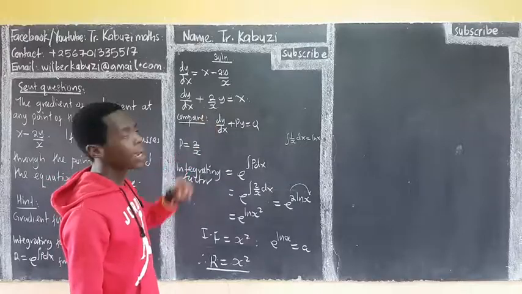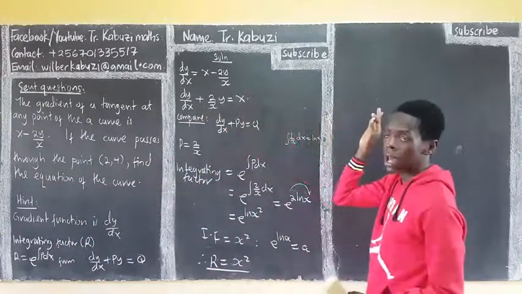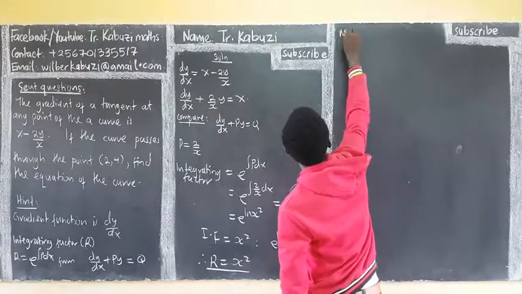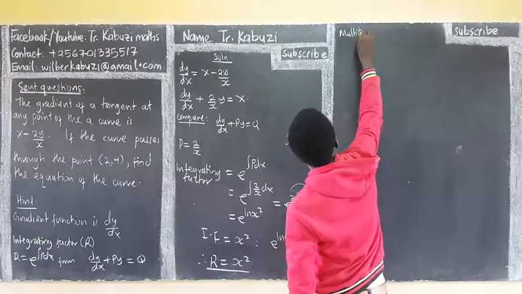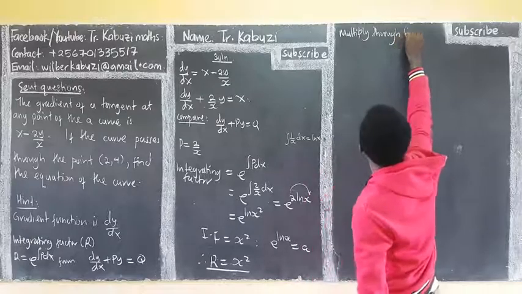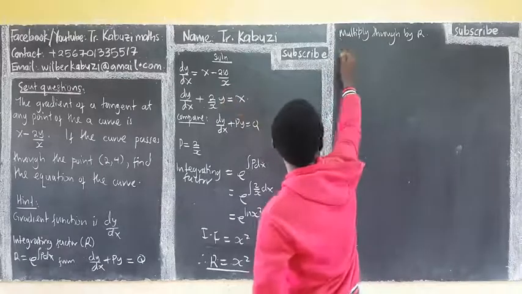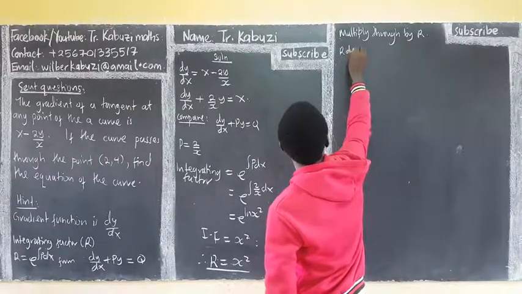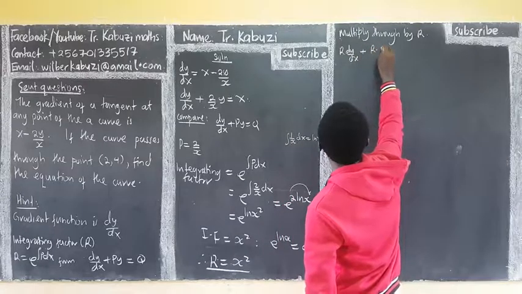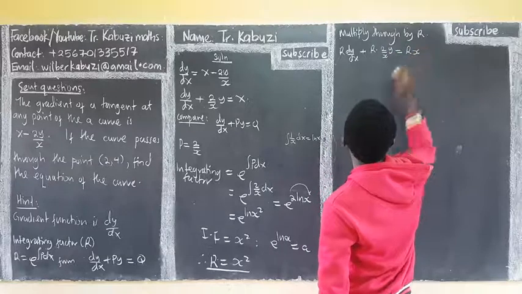So I multiply through by r. Here, r dy/dx, then plus r times 2 over x y equal to r x.